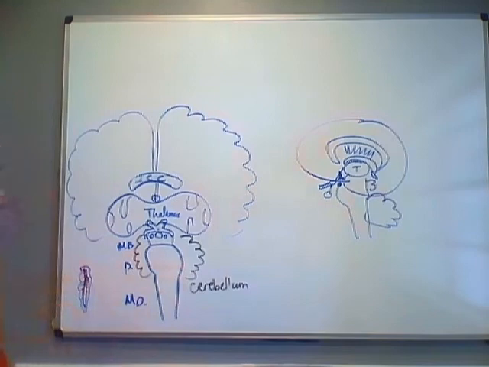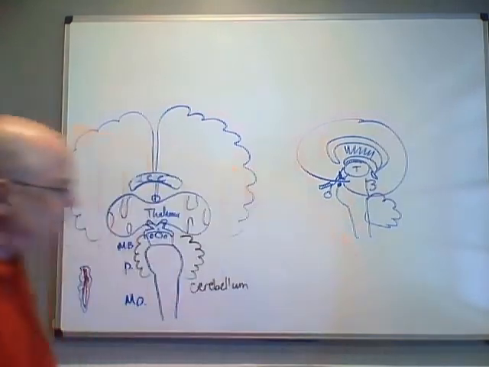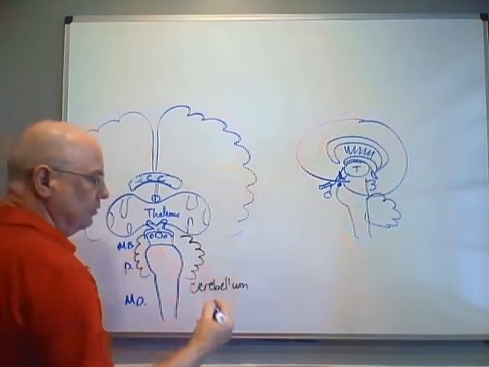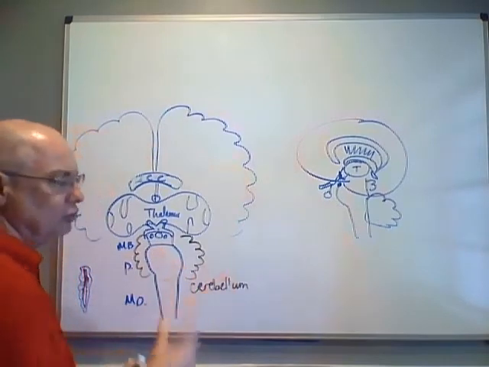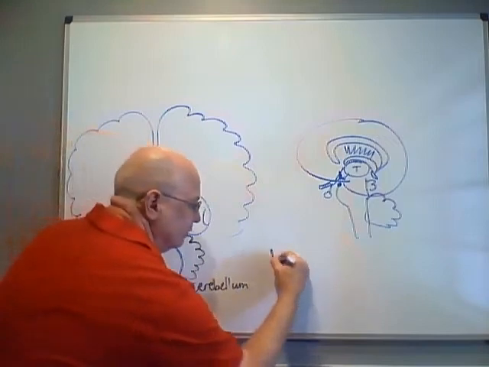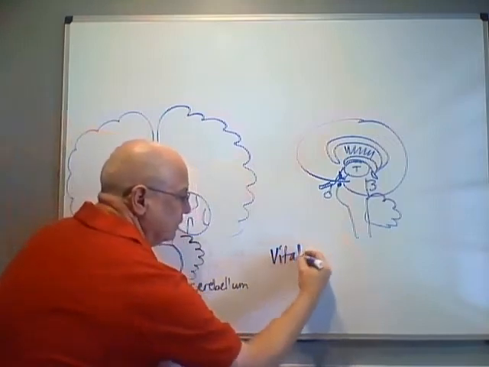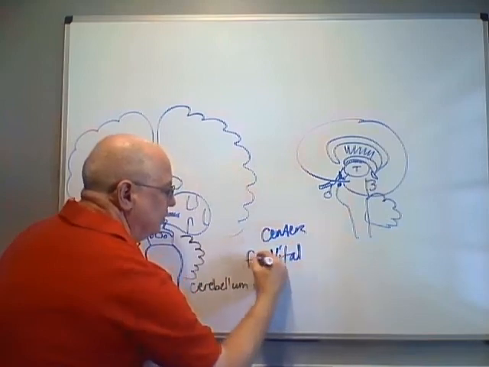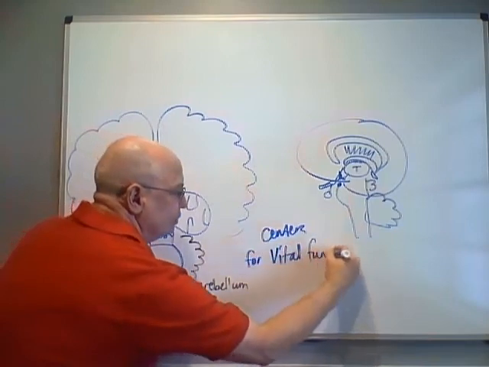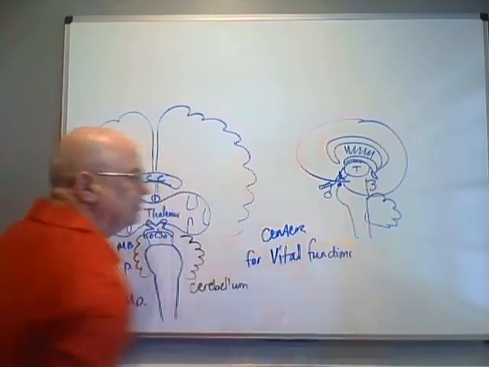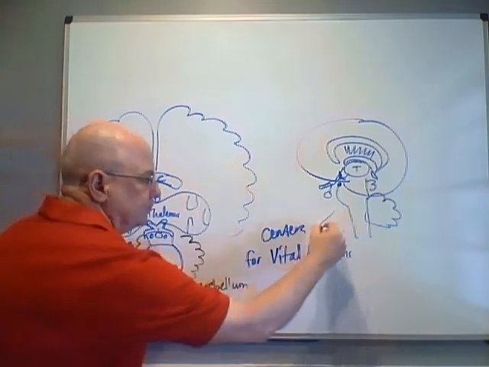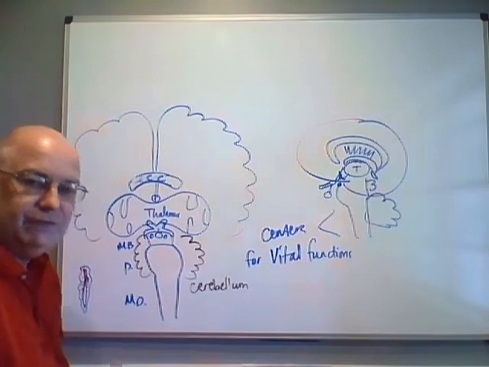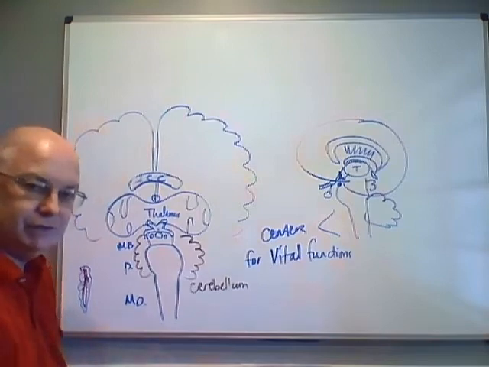So when we think about what we call the lower part of the brain, the pons and the medulla, within the pons and the medulla is where we house what we call the centers for vital functions. They house the centers for what we call the vital functions. Vita means life, so life signs.